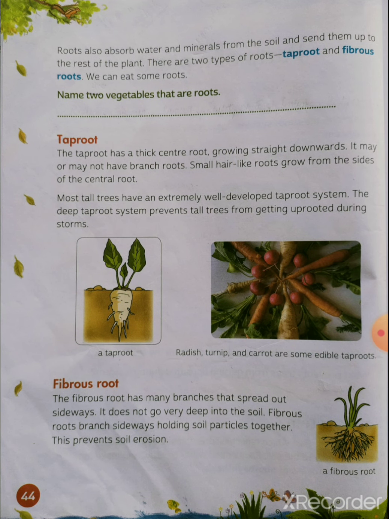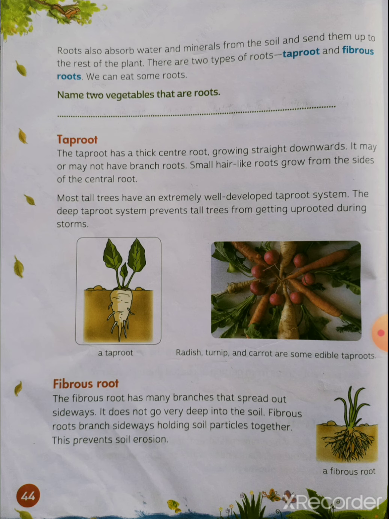Now, here it is said that along with water, roots also absorb minerals from the soil, minerals like iron, magnesium, etc., and transfer them to the different parts of the plant. Roots again are divided into two types, the taproot and the fibrous roots. Plants having a taproot have a thick central root growing straight downwards deep into the soil.